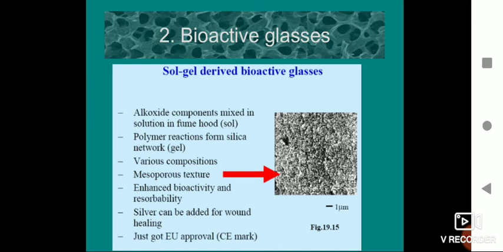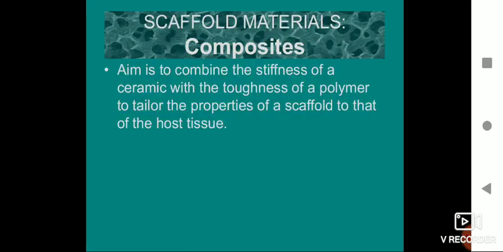Then sol-gel bioactive glasses can also be used for formation of soft tissue. Then composites can also be used. A composite is basically a combination of different types of polymers and ceramic.